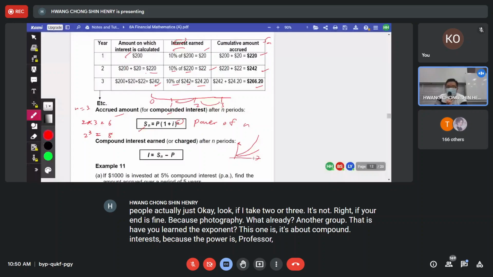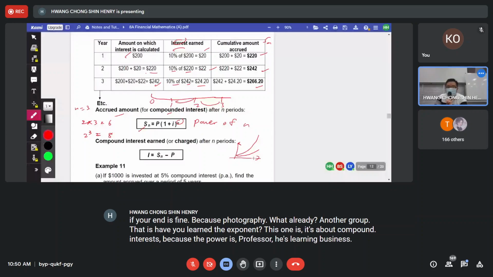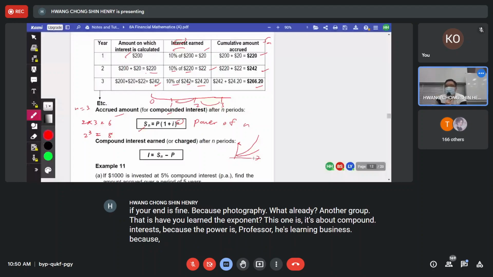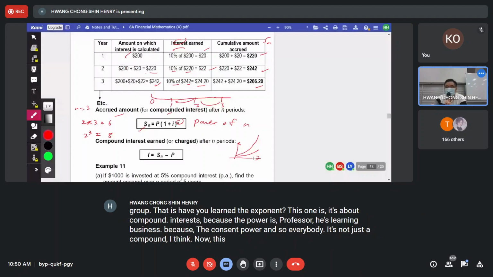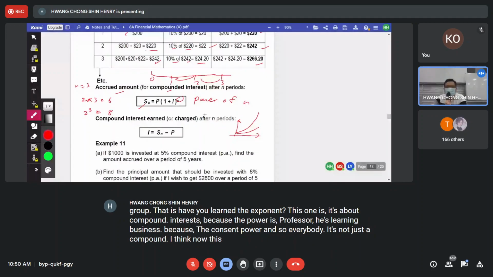This one is simple interest, which grows slower. The concept is there, power of N. So everybody, choose the compound. I think nowadays it is all compound already. Those banks that still charge simple interest will get no business.